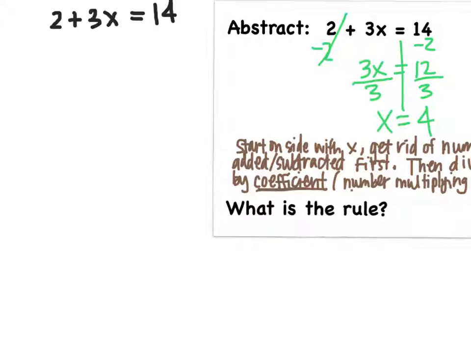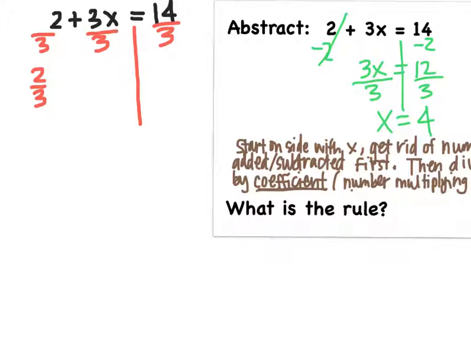What I'm going to do first is divide both sides by 3. But remember, going back to our visual, when we divide by 3, we have to divide everything on each side into 3 equal groups. So I've got to do 2 divided by 3, then 3x divided by 3, and then 14 divided by 3. 2 divided by 3 I can write as 2/3.